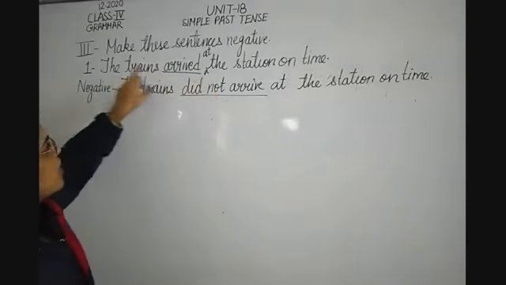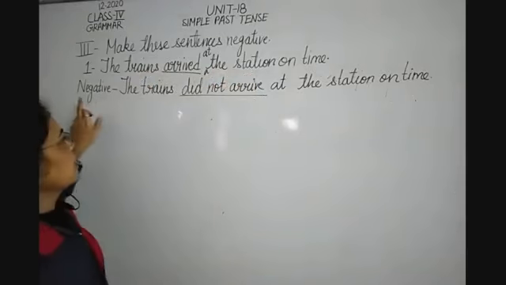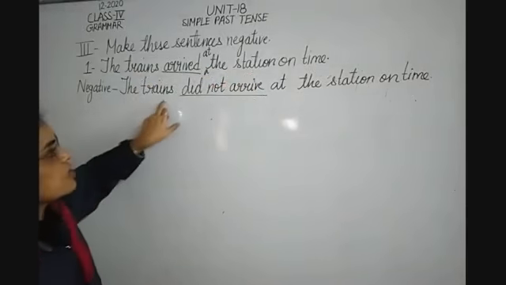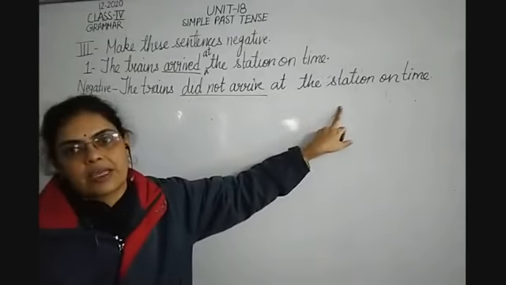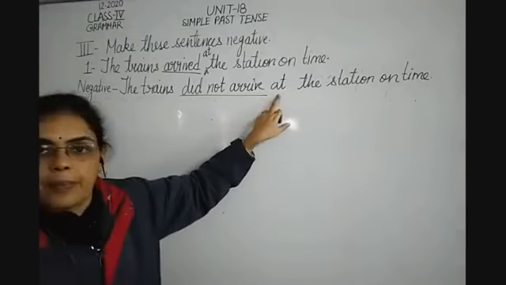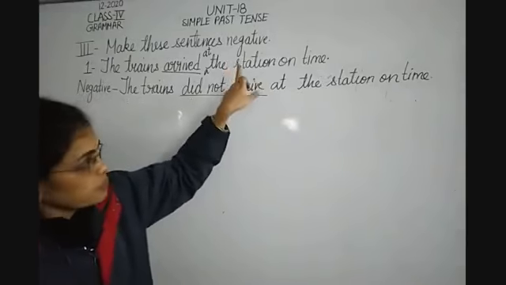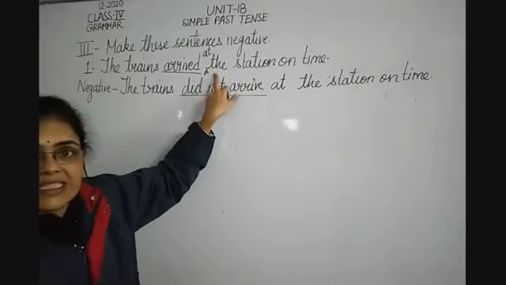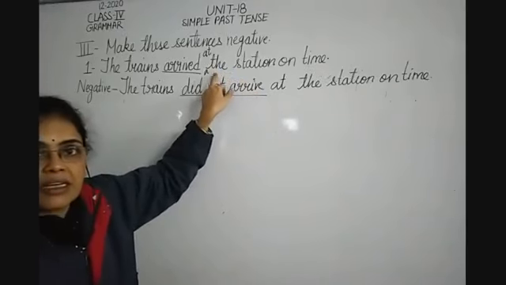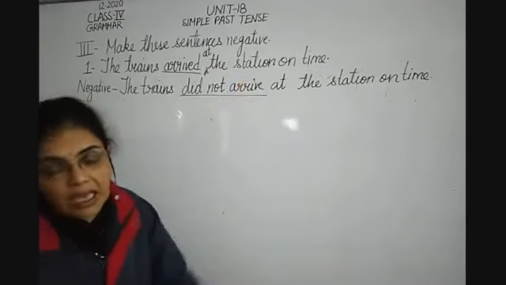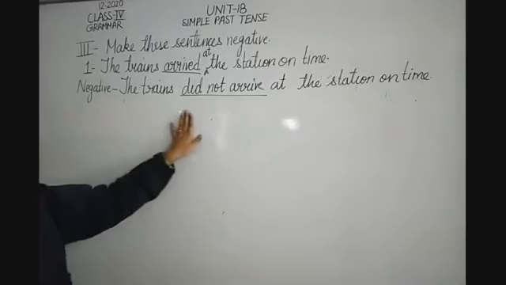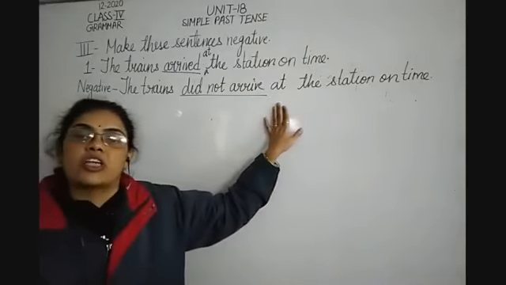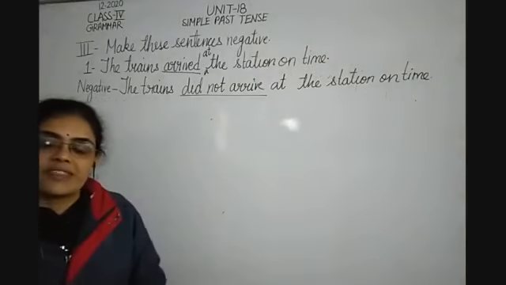The trains arrived at the station on time. Negative क्या हो गया? The trains did not arrive at the station on time. So please आप अपने पास्ट टेंस वाले सेंटेंस में, असर्टिव सेंटेंस में भी ऐड कीजिए, नेगेटिव सेंटेंस में भी ऐड. It's a misprint in the book. So the trains did not arrive at the station on time. This is your negative sentence.